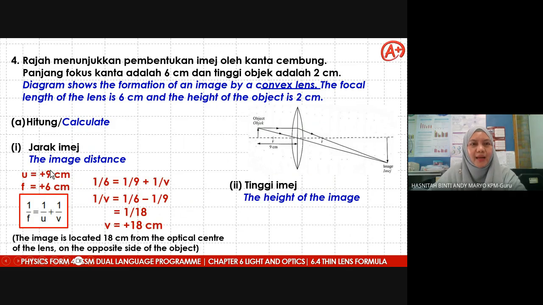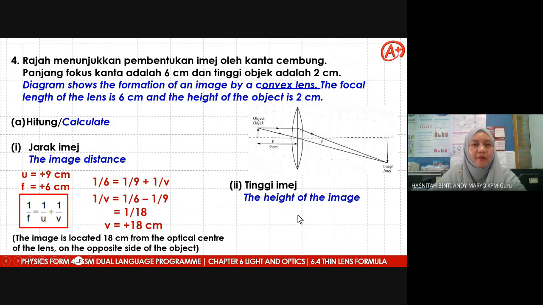U is 9 centimeter. F is positive 6. Why positive? Convex lens, positive focal point. So here you will find V is positive 18 centimeter. See, it is a real image, positive. So the image is located 18 centimeter from the optical center of the lens on the opposite side of the object.